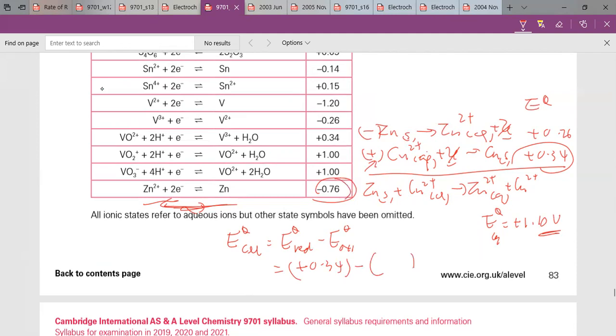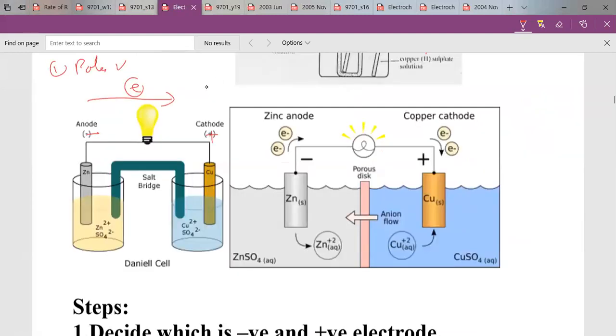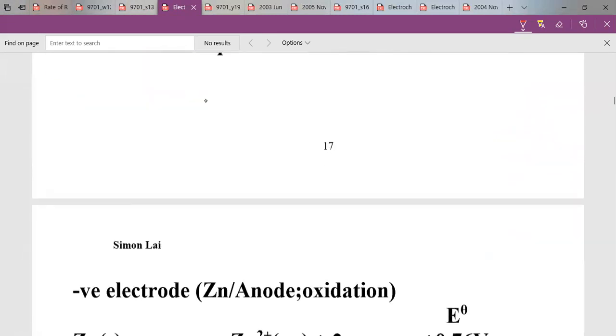I must use the original one, not the changed one. So it's minus 0.76. Again, plus 0.34 plus 0.76. Same reading, 1.10 volt positive. See, simple. So now you learn how to write the SCP for every cell you want.